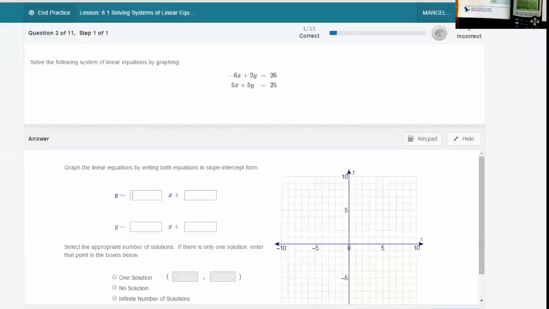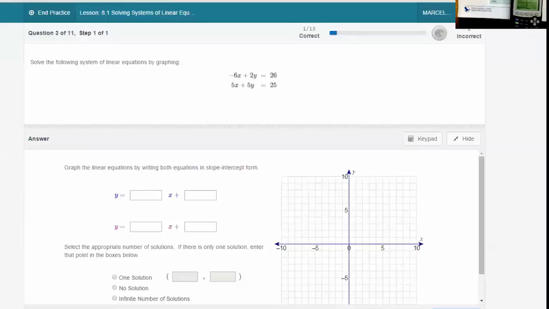Now this one is going through and asking you to take this problem and solve all of these and get it solved for y. Now we did that before, so what would you get if we solved this one for y? So take your paper out and solve it for y, and let's see what we get. So I can show you over here what it actually does when it graphs.